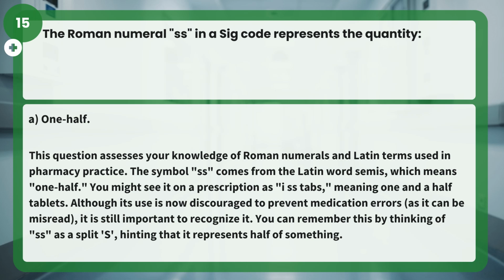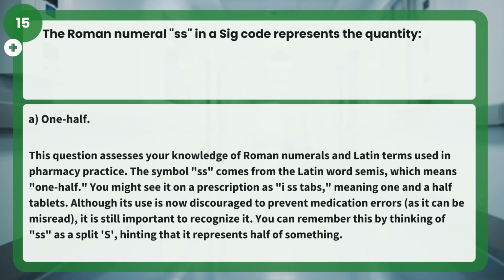The symbol SS comes from the Latin word semis, which means 1/2. You might see it on a prescription as iss tabs, meaning 1.5 tablets. Although its use is now discouraged to prevent medication errors, as it can be misread, it is still important to recognize it. You can remember this by thinking of SS as a split S, hinting that it represents half of something.